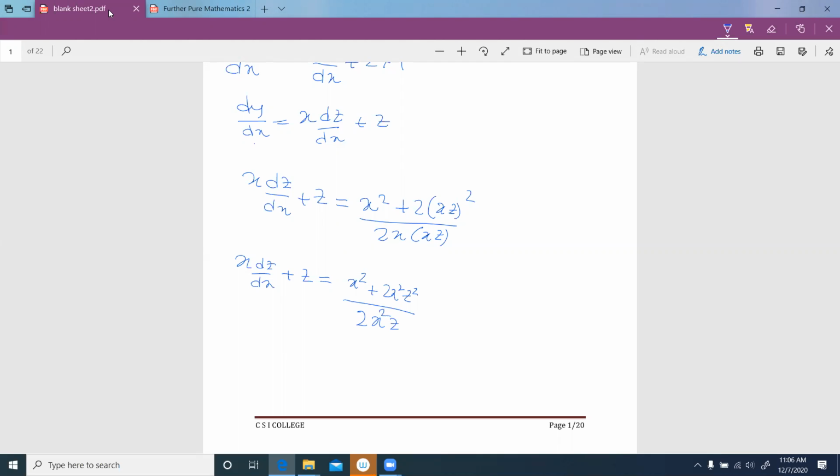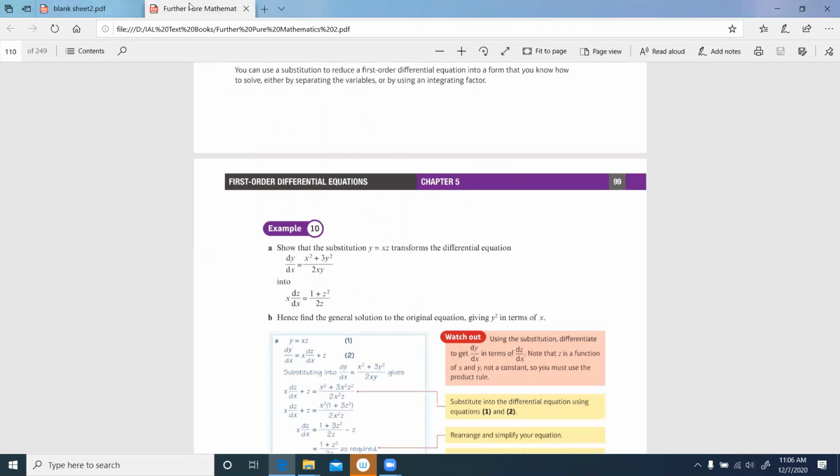Then in this expression what you need to find is this bit, since y is xz. So we have to simplify in terms of this. Let's see whether we can do some simplification of this x dz over dx.